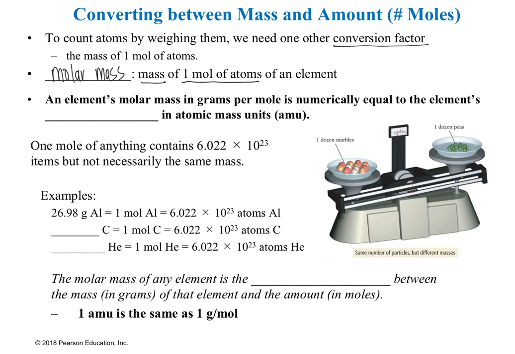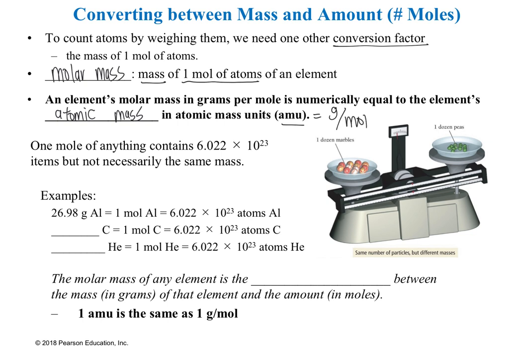So this is basically the same exact thing as the element's average atomic mass. Before we had it in atomic mass units or AMUs, but that can also be called grams per mole.